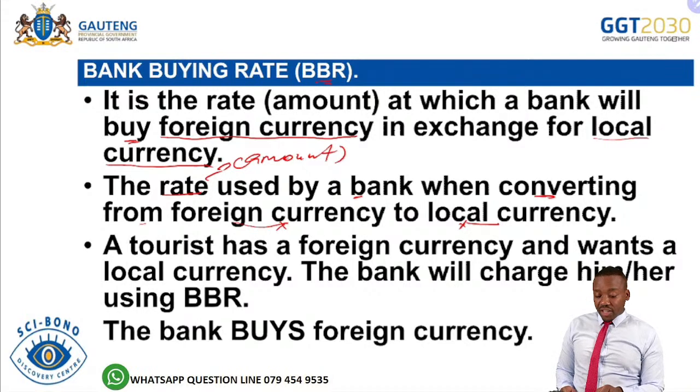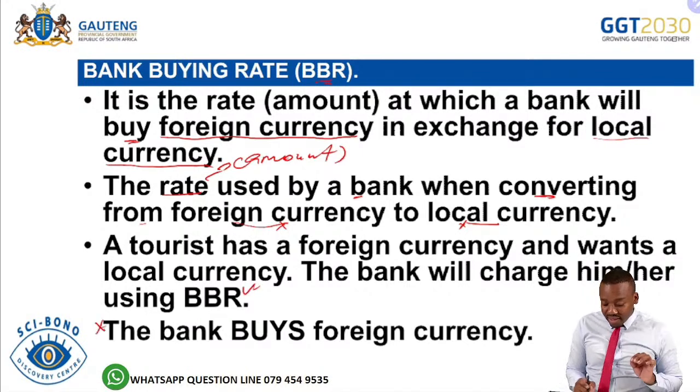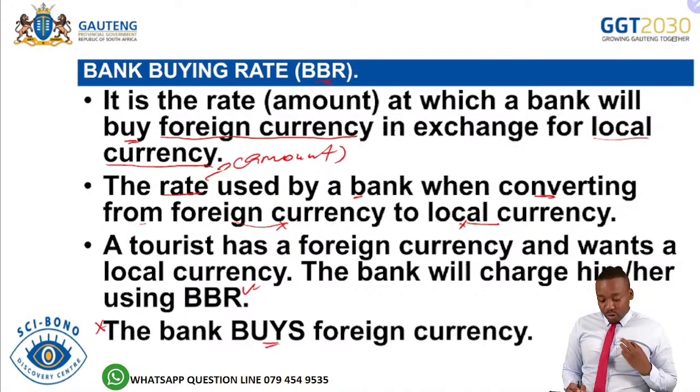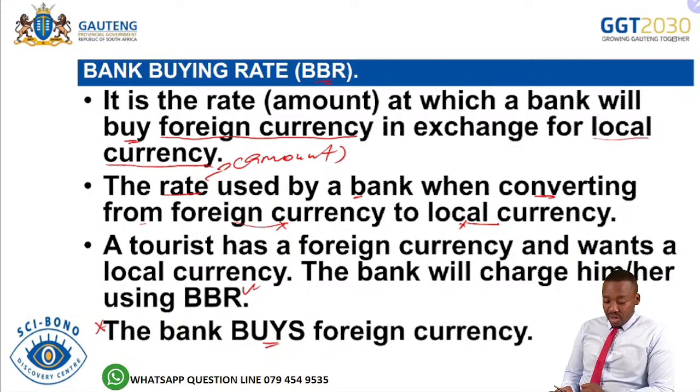Then they will be charged using bank buying rate. A tourist in this context has a foreign currency and wants the local currency. The bank will charge him or her using BBR. In this context, we are saying the bank buys foreign currency. So we need to be careful there.